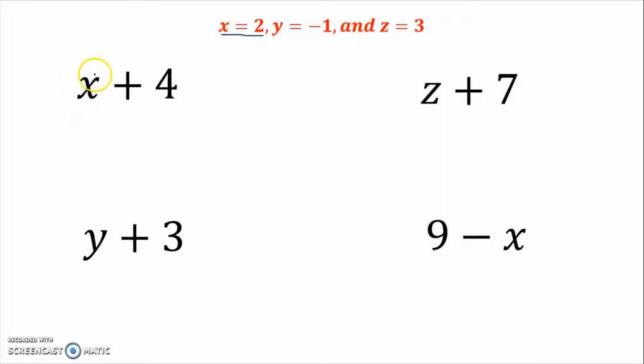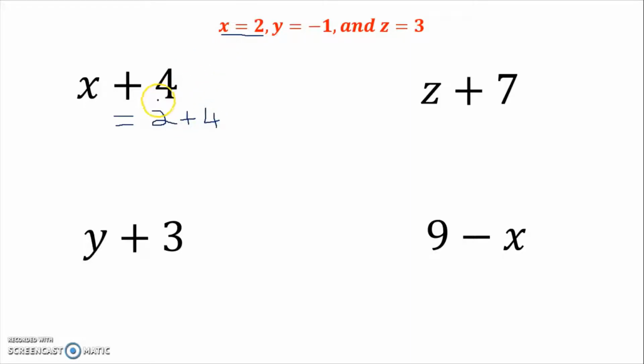So wherever we see x in this expression, we will remove it and replace it with the numeral 2. So x plus 4 is equal to 2 plus 4 because x equals 2.